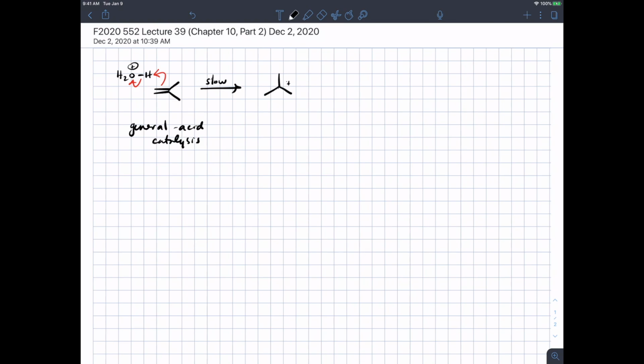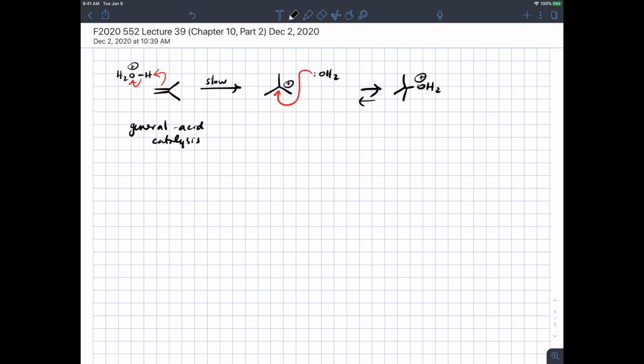You get a high energy carbocationic intermediate, which then water adds to quickly to give the oxonium ion, which is then deprotonated in a fast step.